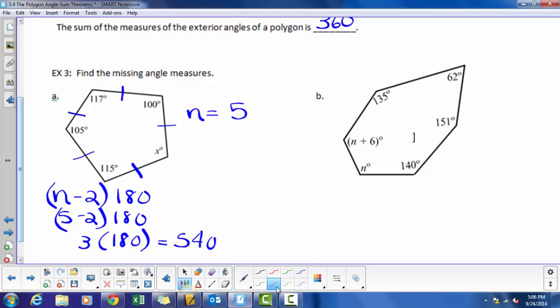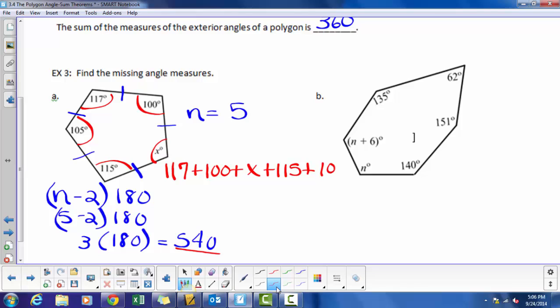That means that the sum of all of the measures of the interior angles of this polygon has to add up to 540. So I'm going to write an equation: 117 plus 100 plus x plus 115 plus 105, and that all has to equal 540.